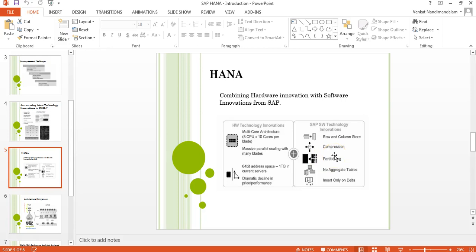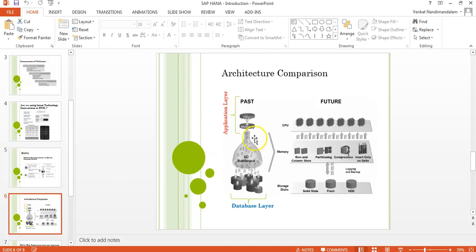And when you have a database which can fetch you the data sets that you need in seconds, you don't need to do any aggregations. You can run reports on your detailed level data sets. Okay, so these are the differences, the exact differences that I explained to you now.